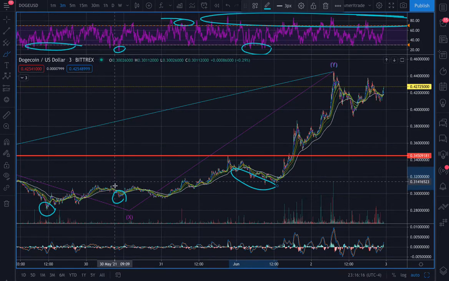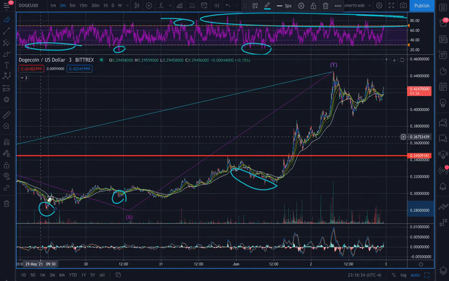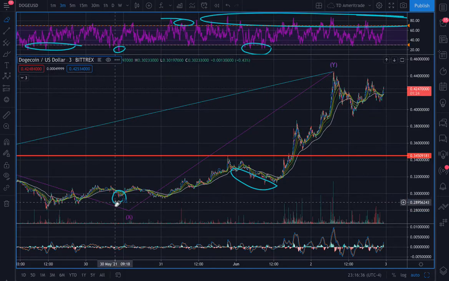So you don't necessarily buy on the first time it pokes down, especially on the shorter time frame. The longer the time frame, the fewer times it'll poke down for you to see the signal.